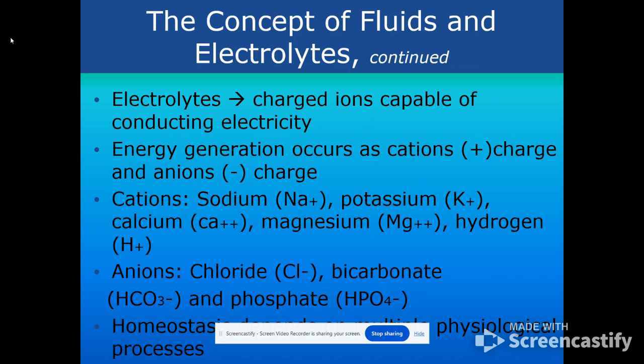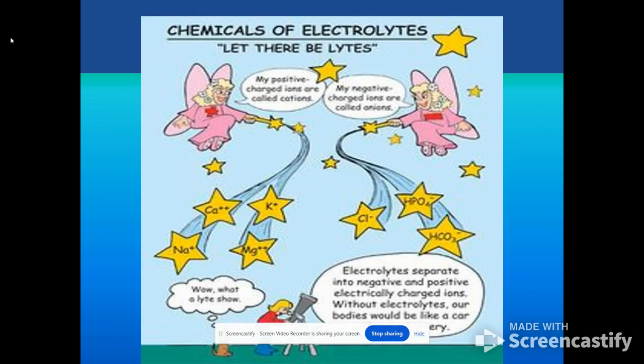An imbalance can affect somebody who has a chronic illness and create an acute illness, and vice versa, chronic and acute illnesses can create an imbalance. So it depends on what kind of illness is happening in a patient, and how it can affect them. Here are some of the electrolytes, positive versus negative ions.